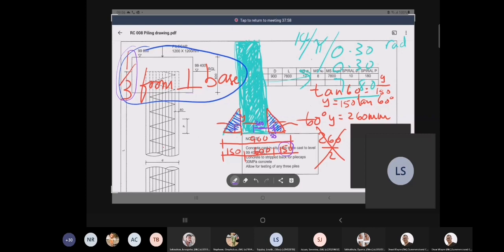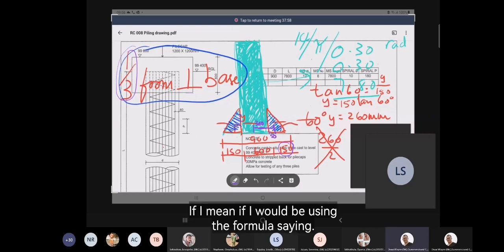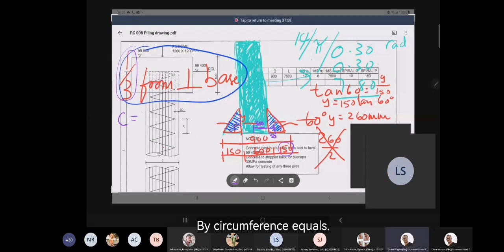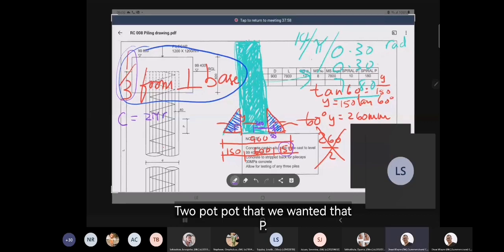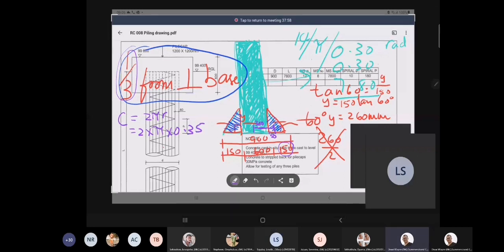Okay? But now what do I need? I now need to determine what the circumference is on that 350, using the formula circumference equals 2 pi r. That would be 2 times pi times 0.35.